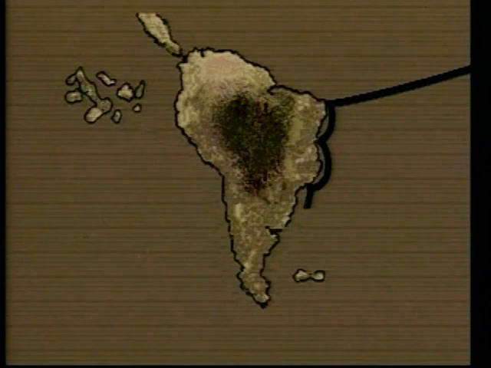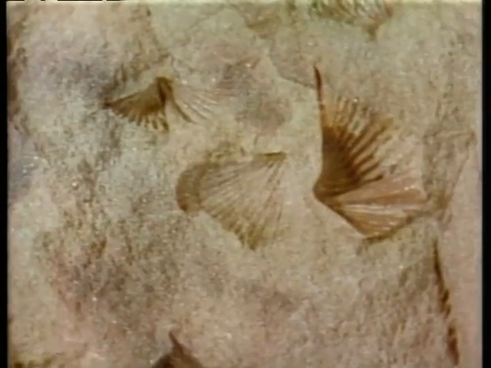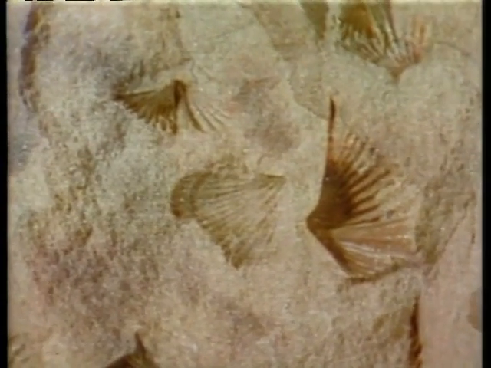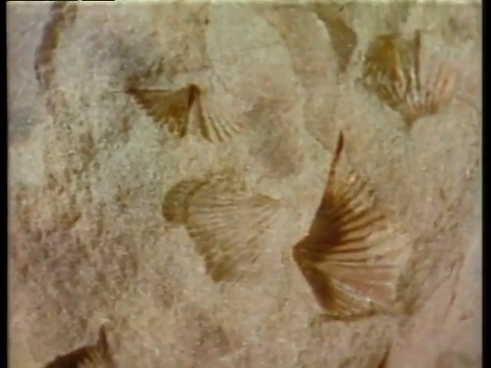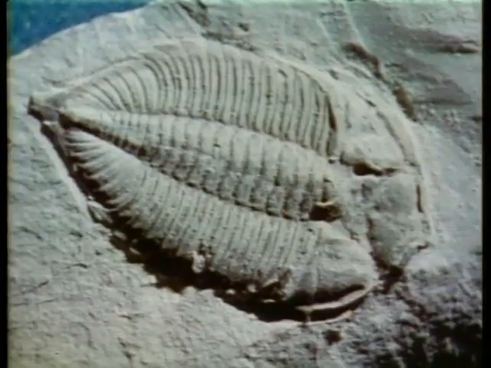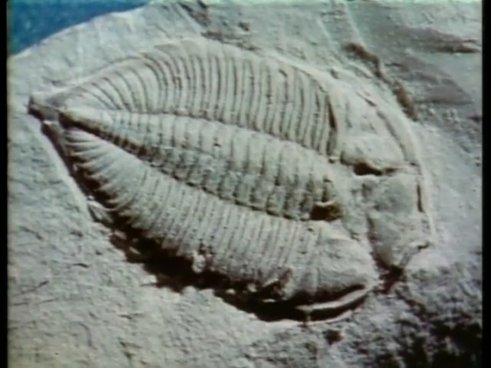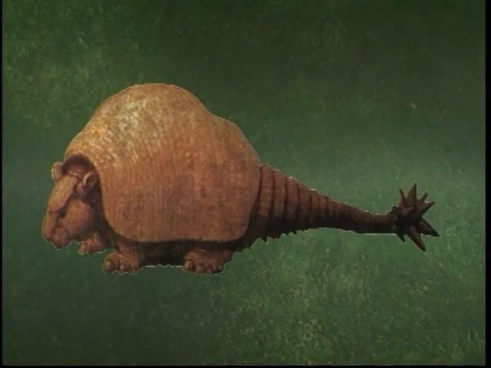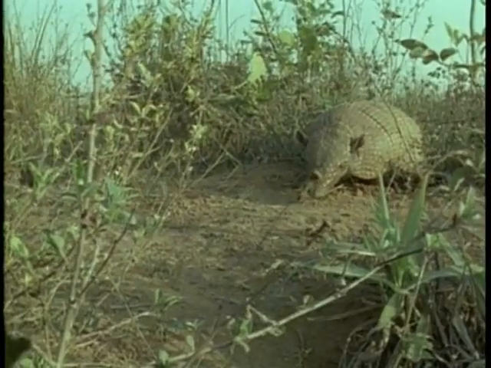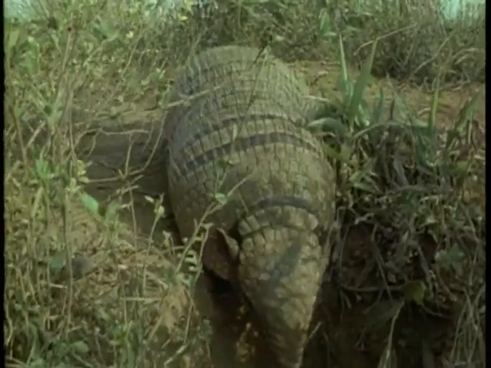Venturing south into Patagonia, he gained further insights by uncovering the fossil remains of an extinct organism. He was collecting fossils, and he found that there were some fossils of an armadillo-like animal. So he wondered about this peculiar situation. The living armadillos were unique to the New World.